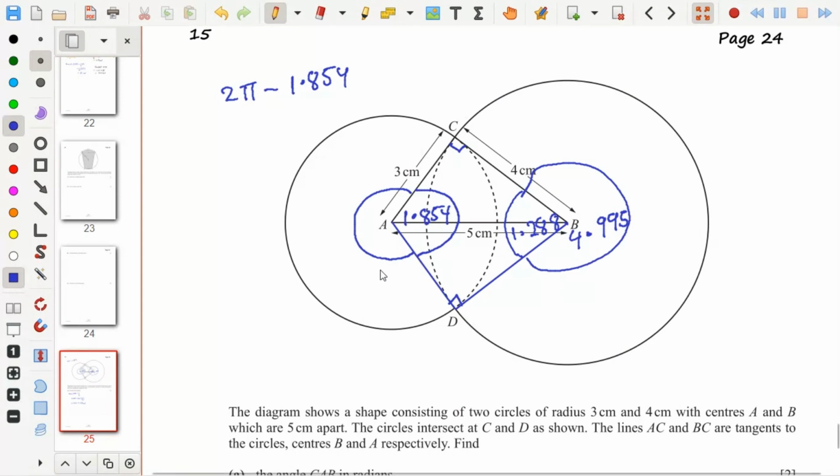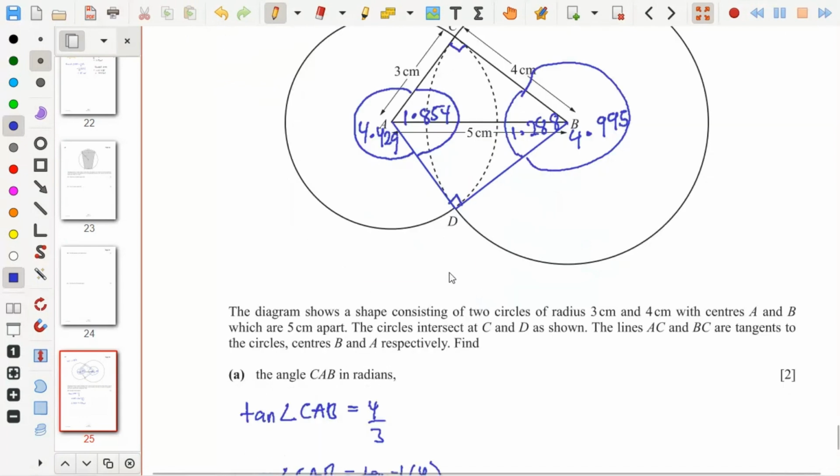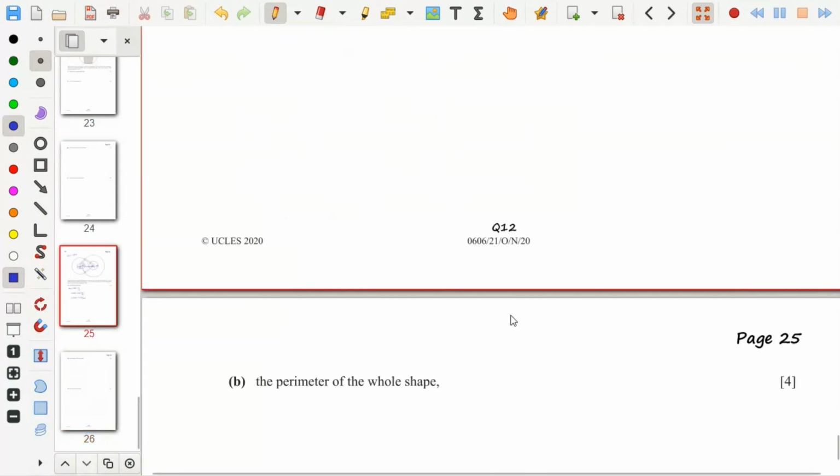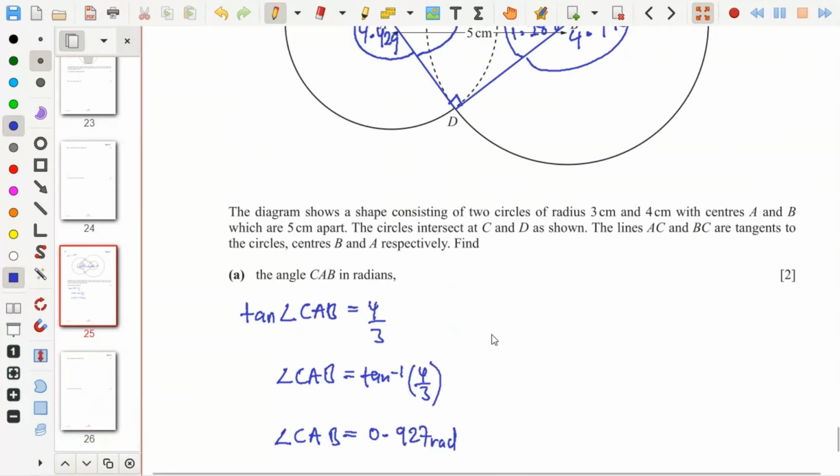So I'm getting 4.429. So right now I can easily find the length of the arc.